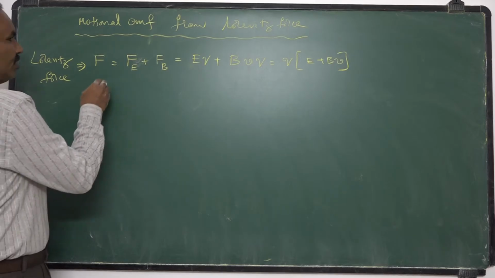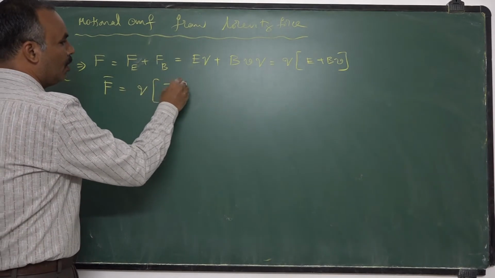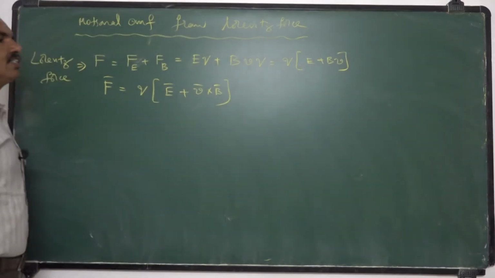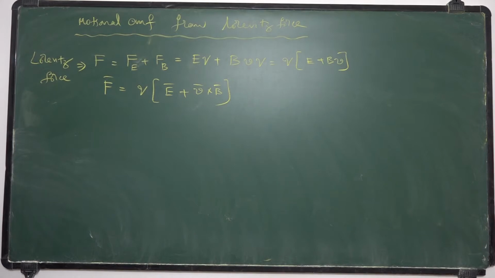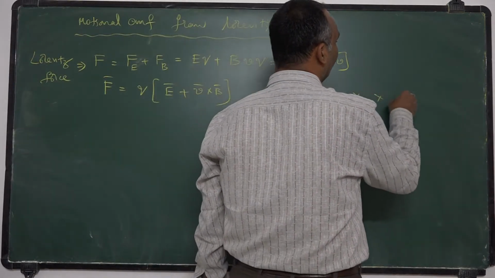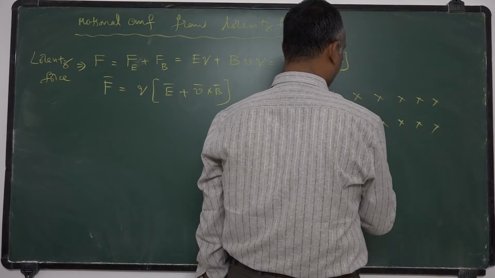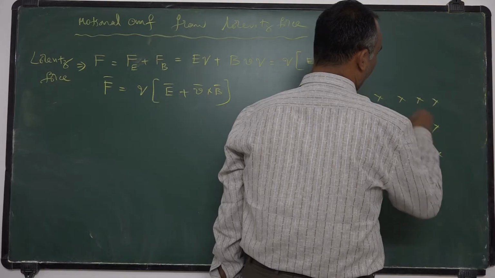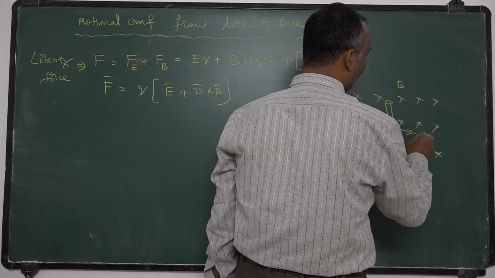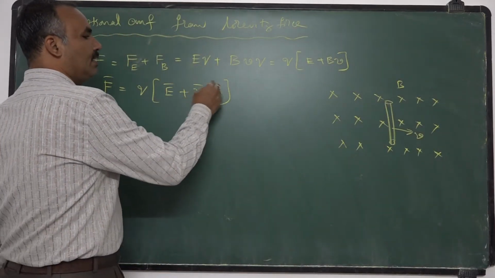Thus the Lorentz force in vector form, if you want to write, Q is a scalar, times E bar plus V bar cross B bar. This is the Lorentz force expression. In our case, here is a magnetic field of strength B. A rod is moving perpendicular to the field with a velocity V, so the angle between V and B is 90.